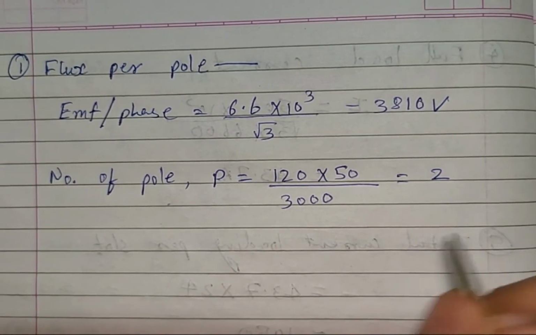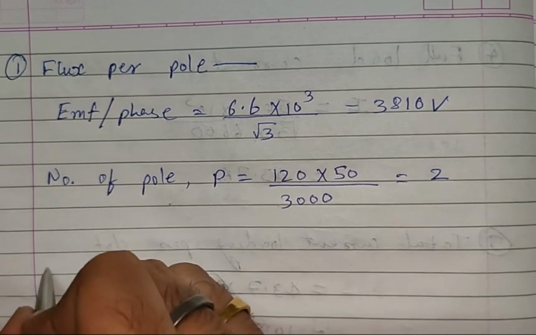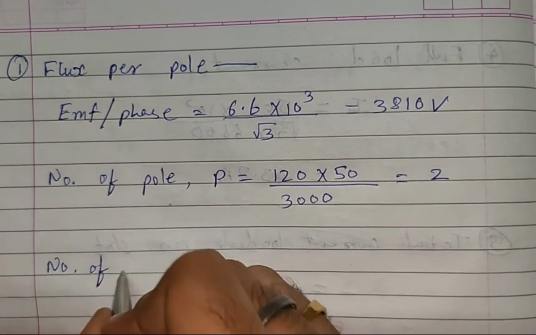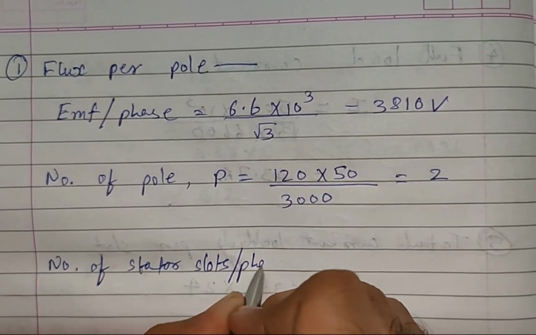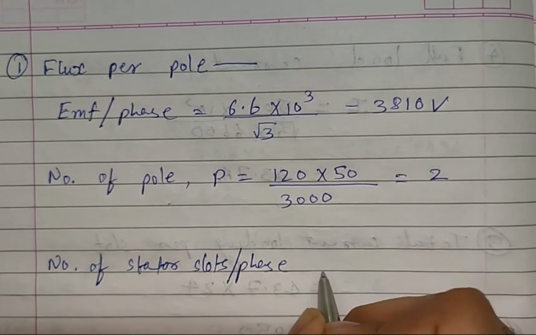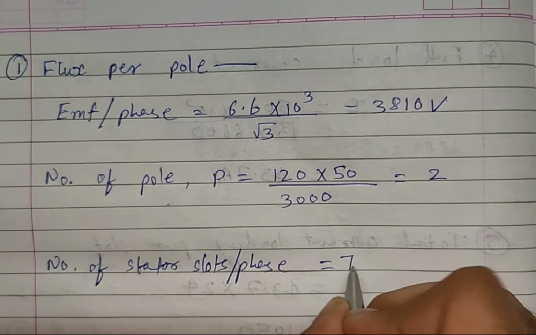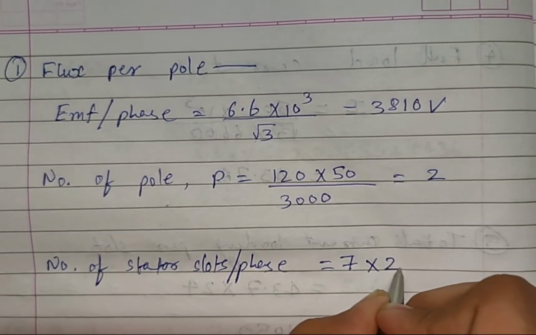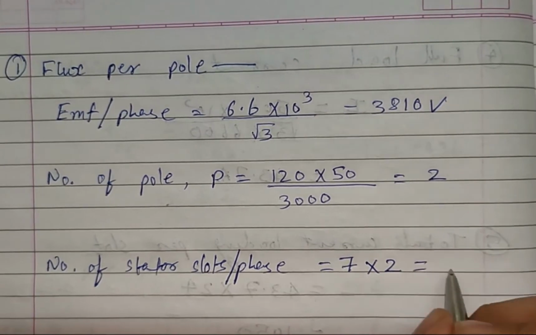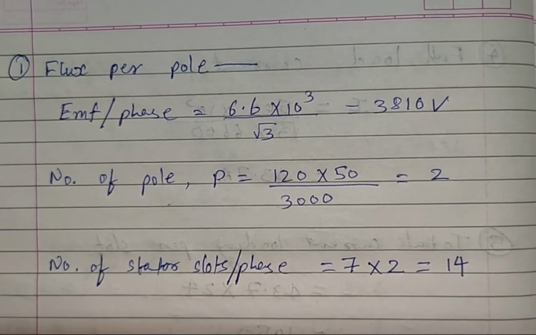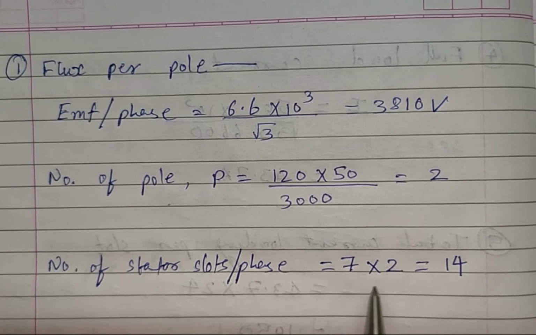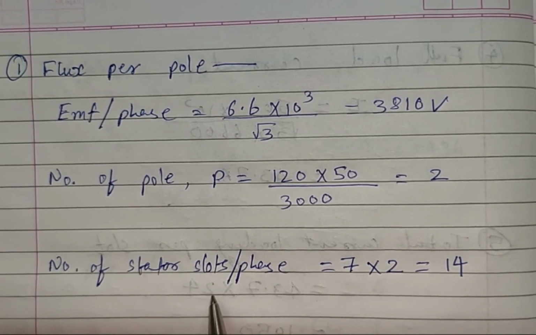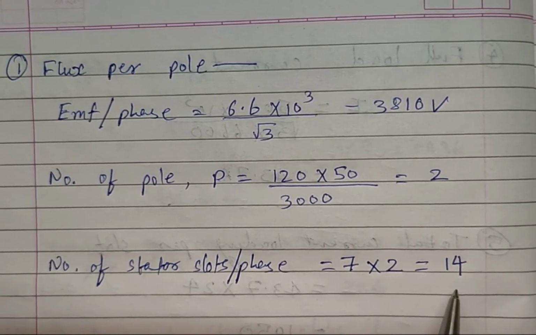Next is the number of stator slots per phase, which could be taken as 7 multiplied by 2, which is equal to 14. As mentioned in the question, the number of stator slots per pole per phase is 7, and there are 2 poles, so the number of stator slots per phase would be 7 into 2, that is 14.